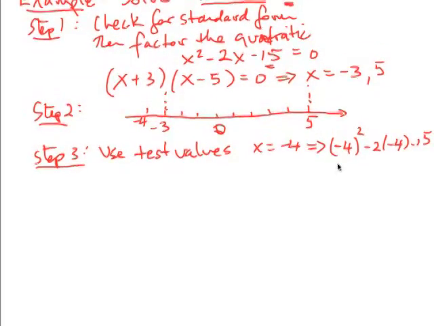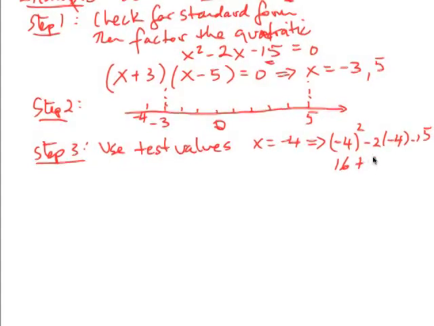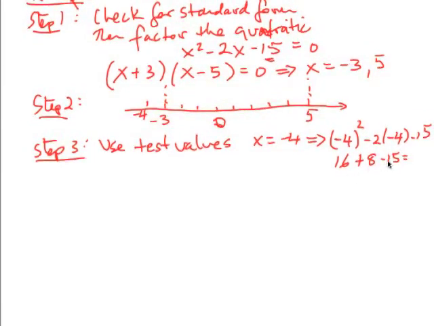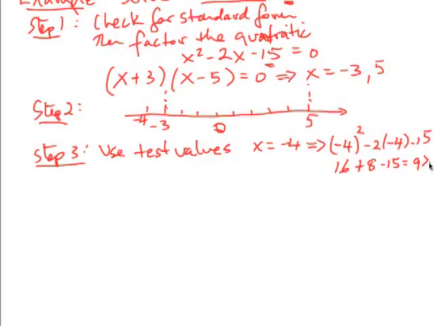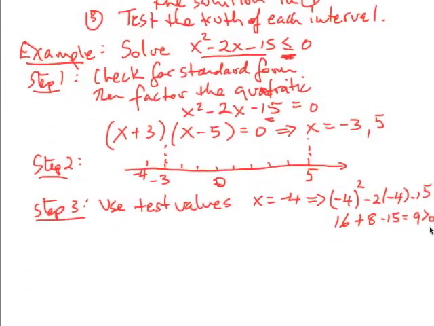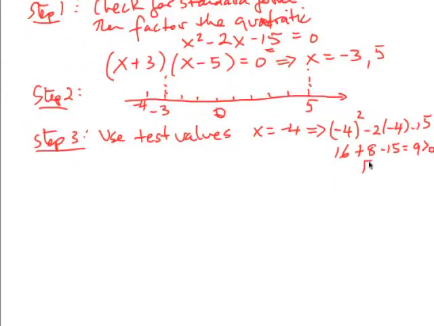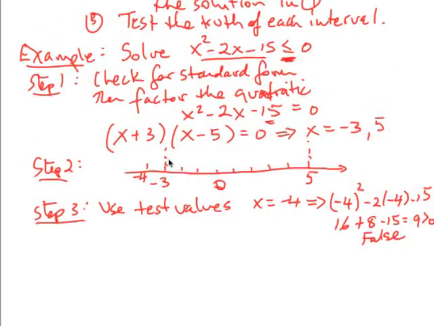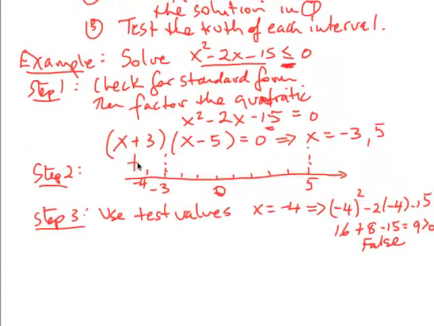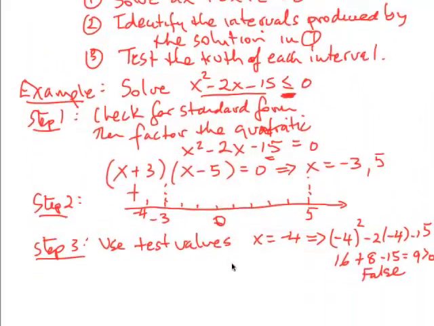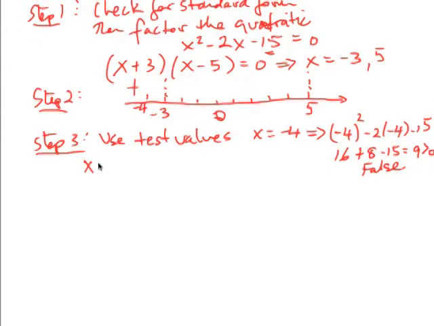What do I get? I get 16 plus 8 minus 15, which of course is 9, which is positive. So that's saying less than or equal to, I've got a positive, so this is a false solution. It's not true, so notice that this is positive over here. I'm going to put a positive number there. We're looking for a negative. Next we could use x equals 0.